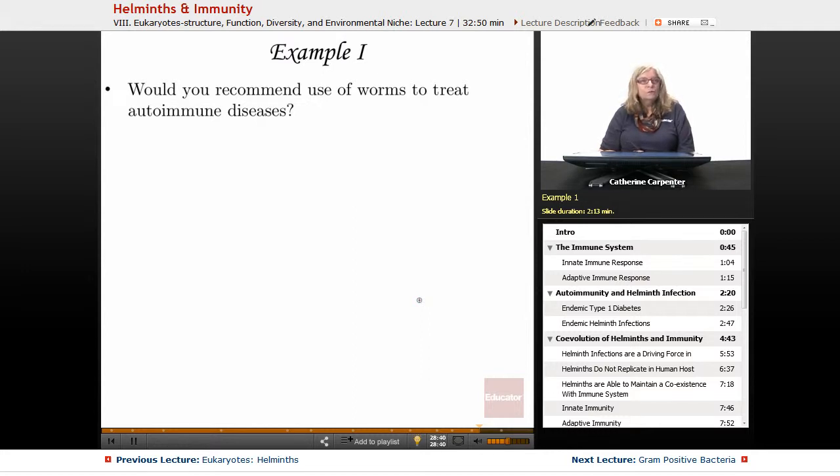Now, of course, these worms are sterilized, but even so, there haven't been any definitive clinical trials done to determine if indeed use of helminths as a treatment would actually cause regression or reduction, for instance, of some of these symptoms that occur from autoimmune diseases, or maybe even eliminate them.